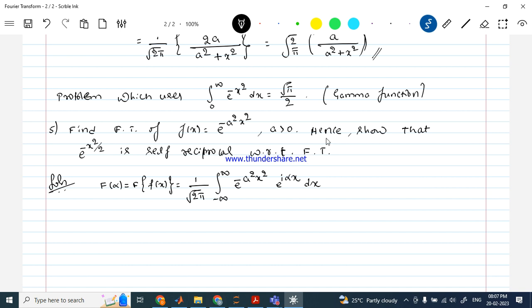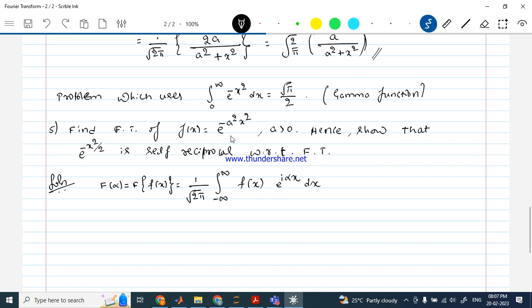Okay, I have not written the definition. First let me write the definition, then I will substitute in it. It is f of x e power i alpha x dx. And as I told you in my previous problem, for this function they have not mentioned the interval, which means by default we are going to assume that the function is given from minus infinity to plus infinity.